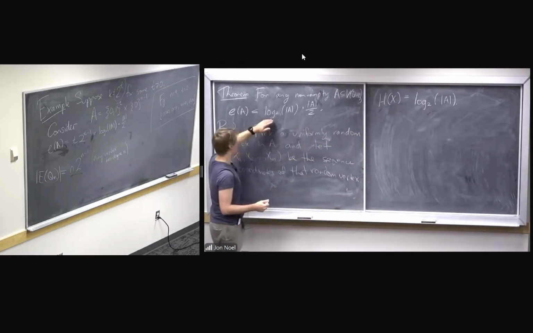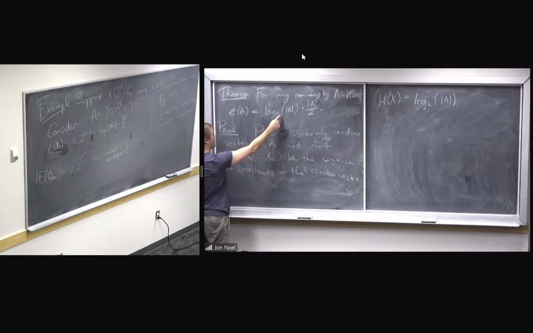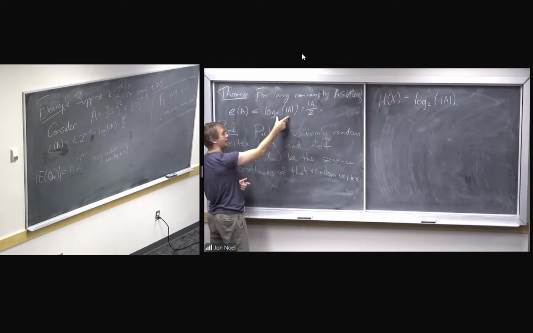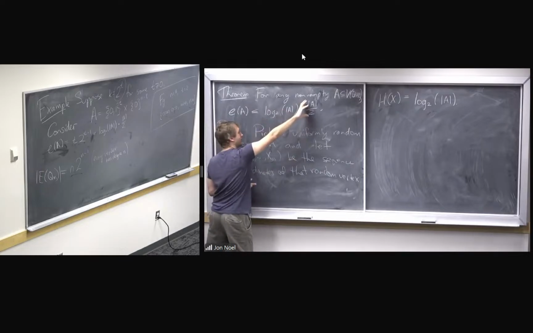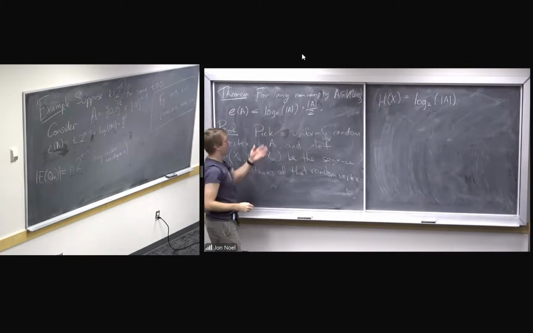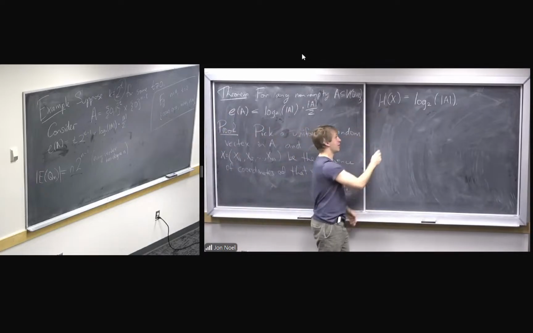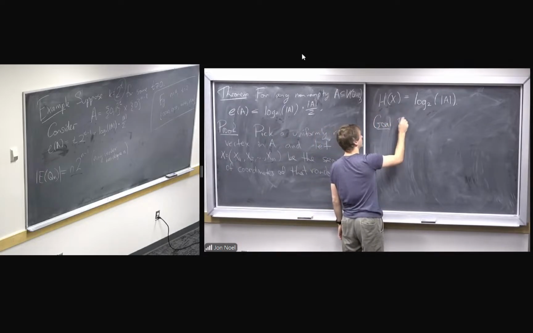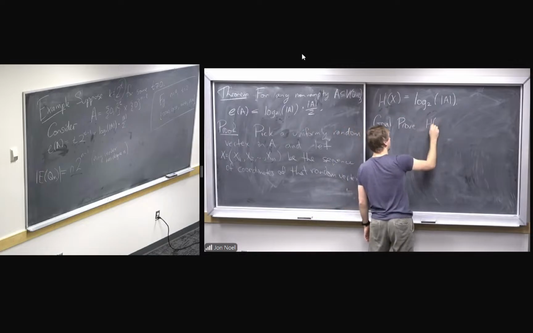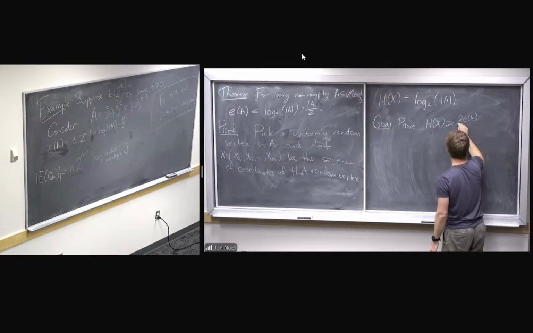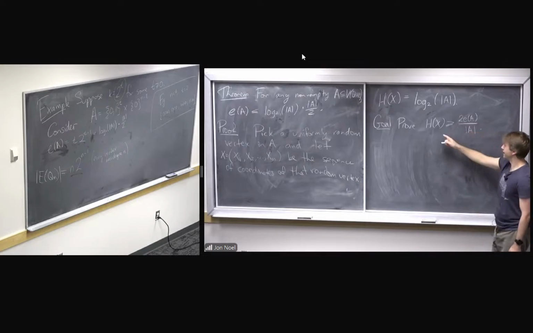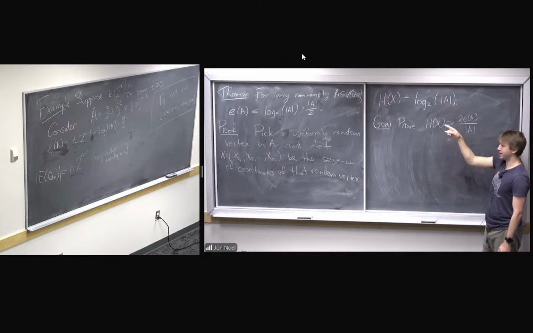If we think about what we want to prove, I want to manipulate this expression and solve for the log of A. I want to show that log base 2 of A is at least the edges of A times 2 over the size of A. If I just divide over, log of A is h of X. So our goal is to prove that h of X, the entropy, is at least 2 times the number of edges of A over the size of A. Because that is equal to that, we just move things over and it proves the inequality.